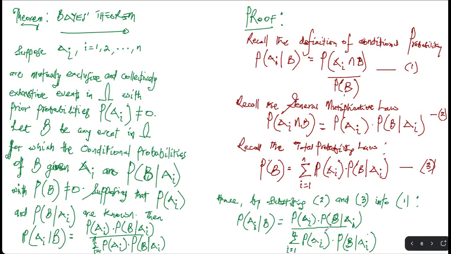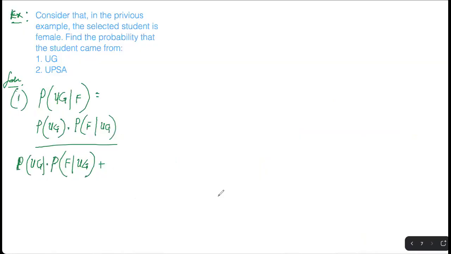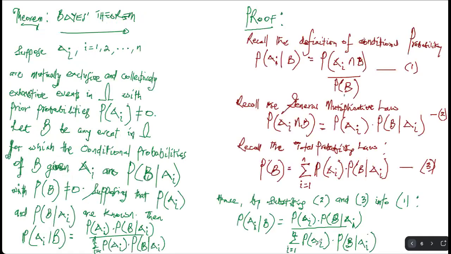So the probability of UG multiplying the probability of F given UG, and we're taking the sum. How many of these are there? There are various partitions.